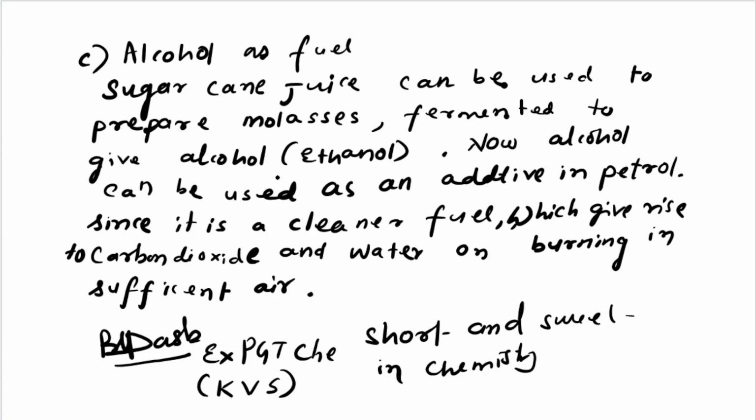It can be used as a cleaner fuel, and that is an additive in petrol also. Suppose somebody asks, what is the additive in petrol? Immediately you can say that is alcohol, ethanol. Generally ethanol is used.